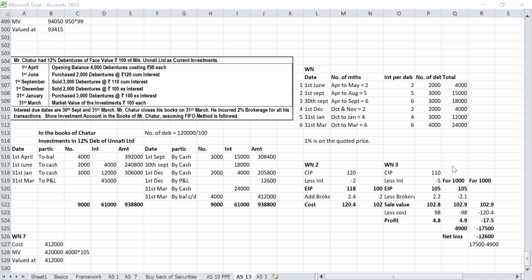So combinedly you have to do that. That is 3 accounts you have to maintain: share account, investment in equity shares also you have to maintain, investment in debentures also you have to maintain. That kind of a sum.